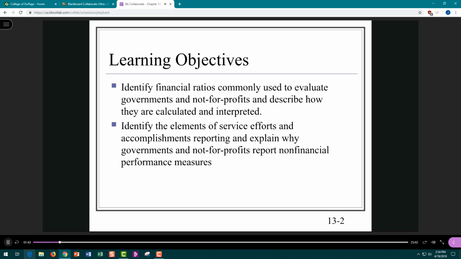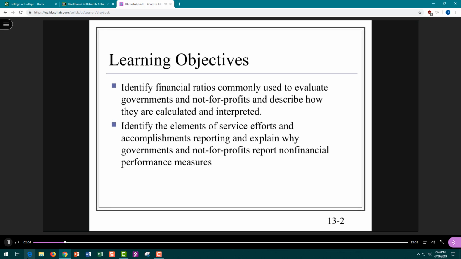So the learning objectives for this piece of the chapter: identify financial ratios commonly used to evaluate governments and not-for-profits and describe how they are calculated and interpreted. Ratios are a common method of evaluating financial performance, whether it's in government, not-for-profit, or the private sector.